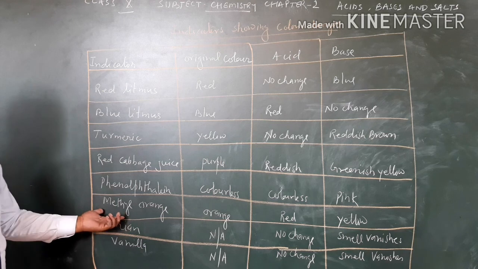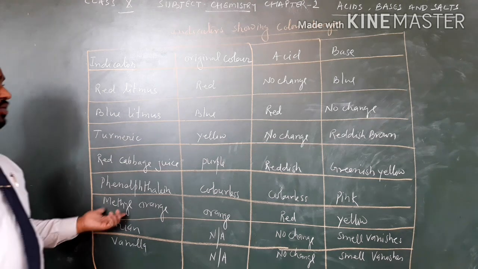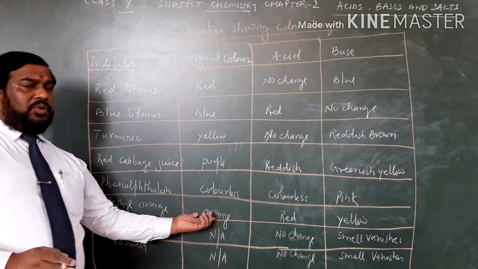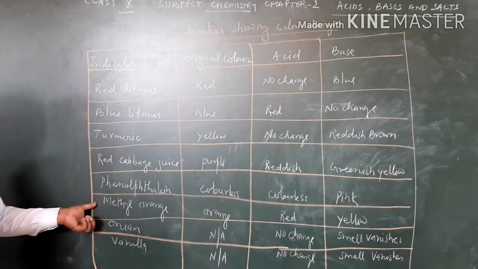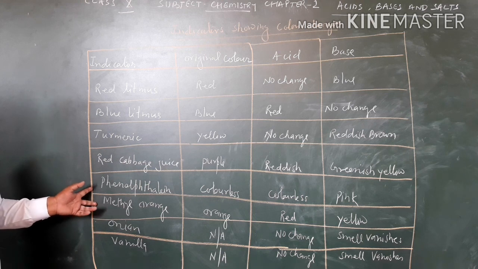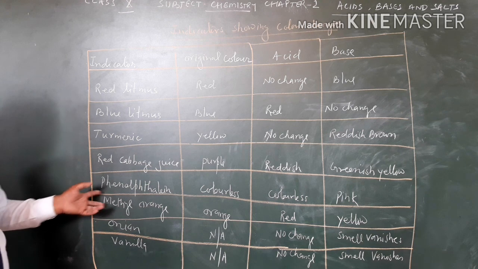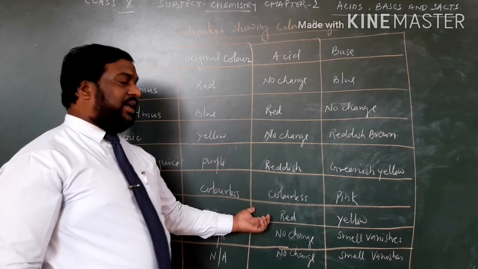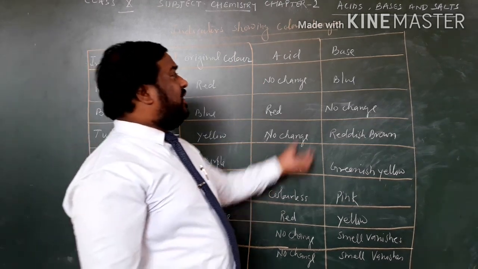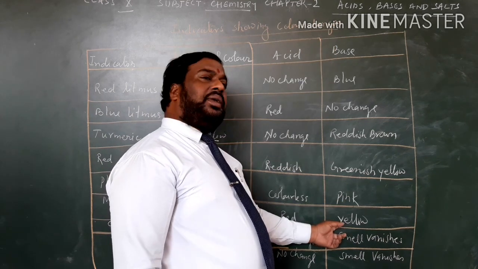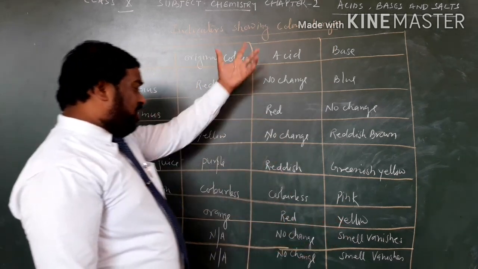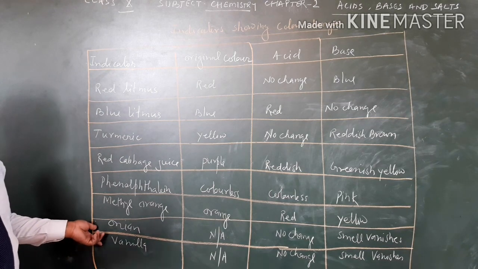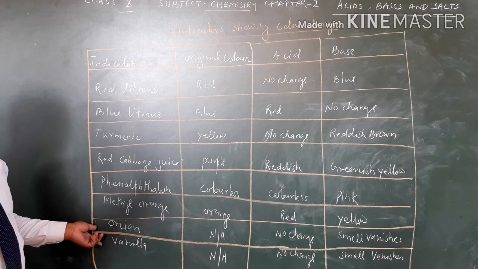Next one, methyl orange. Its original color is orange. Both phenolphthalein and methyl orange are synthetic indicators. Whenever methyl orange is added to acid, it is red in color, but in base it is yellow in color. Next, one is the onion and one is the vanilla. Both are olfactory indicators.